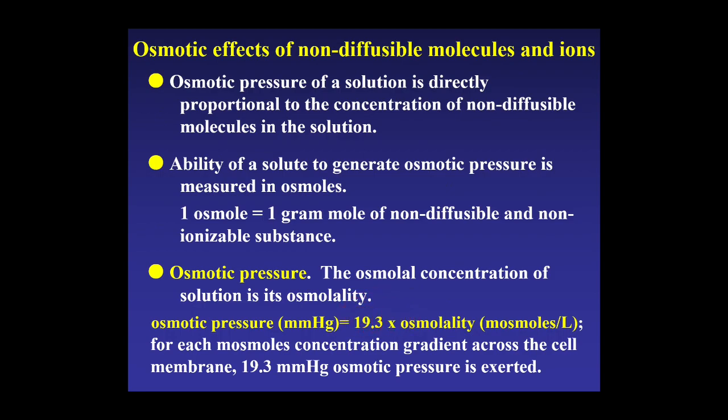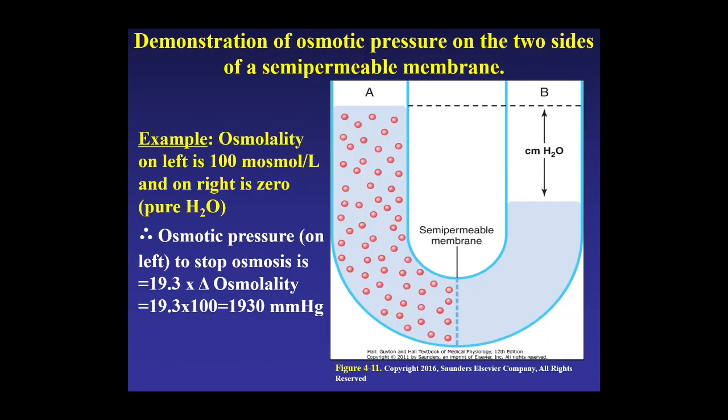So try to understand this a little bit. What's the osmolarity of pure water? 0, right? Let's say the osmolarity on this side is 100 milliosmoles. So I have 0 here, 100 milliosmoles there. What is the osmotic pressure I need to get in order to stop osmosis?